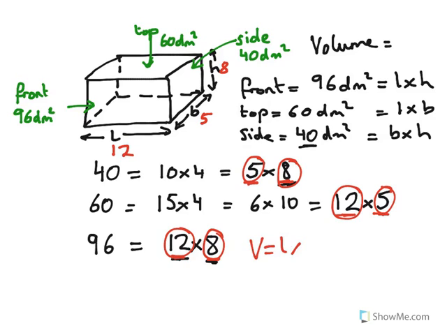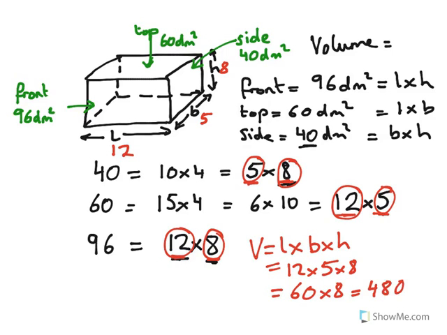Volume equals length times breadth times height, which is 12 times 5 times 8. 12 5s are 60. 60 times 8, 6 8s are 48, and then add a 0. So my volume would be 480 decimeters cubed. And that's using the guessing method.